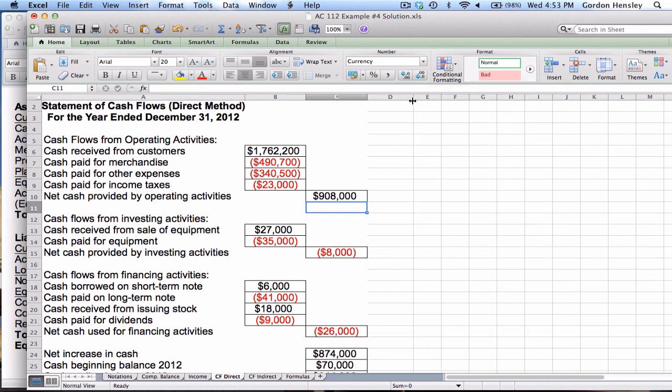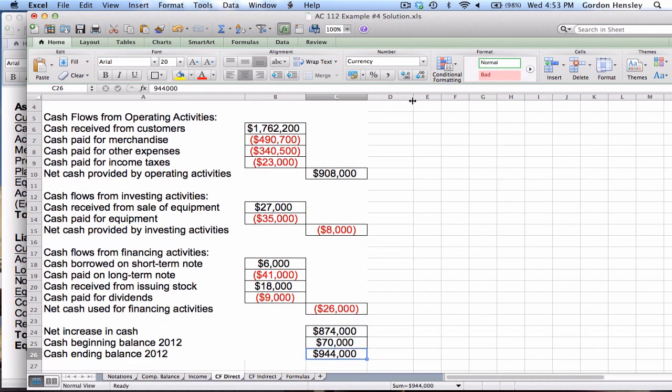And the way to do this is, remember, I have 3 different activities. I have operating activities, investing activities, and financing. I brought in 908,000 positive overall from my operating activities. I lost 8,000 on investing. I lost 26,000 on financing.